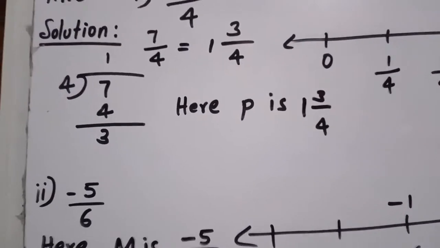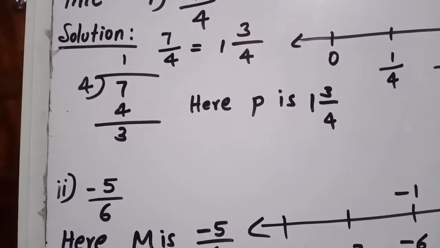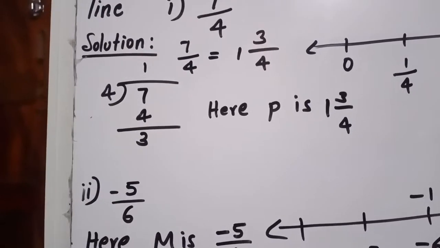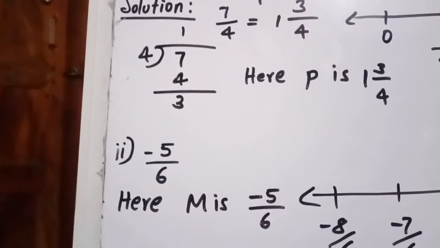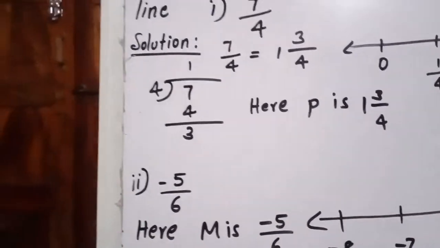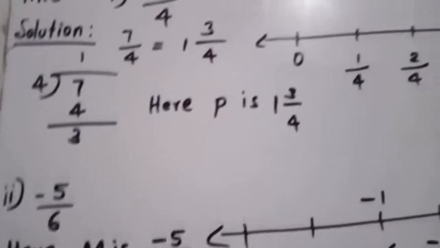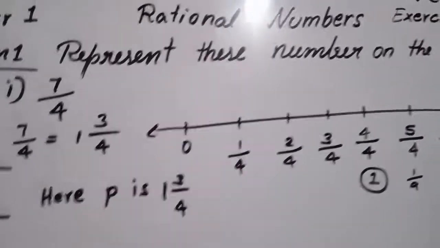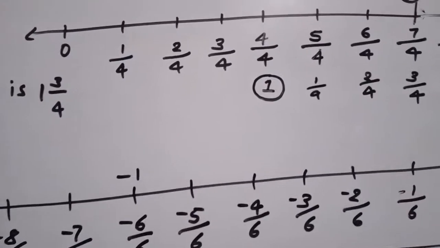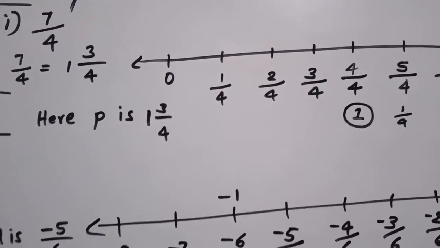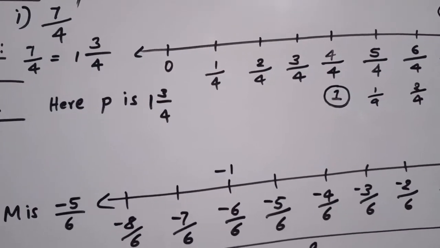The second question is minus 5 by 6. By looking at the question we can decide that this is negative. So we can go to the left side. Here I will take M. Here M is minus 5 by 6. So here the total number of parts you can see is 6. So from the 0 I can do 6. 0, minus 1 by 6, minus 2 by 6, minus 3 by 6, minus 4 by 6, minus 5 by 6, minus 6 by 6.